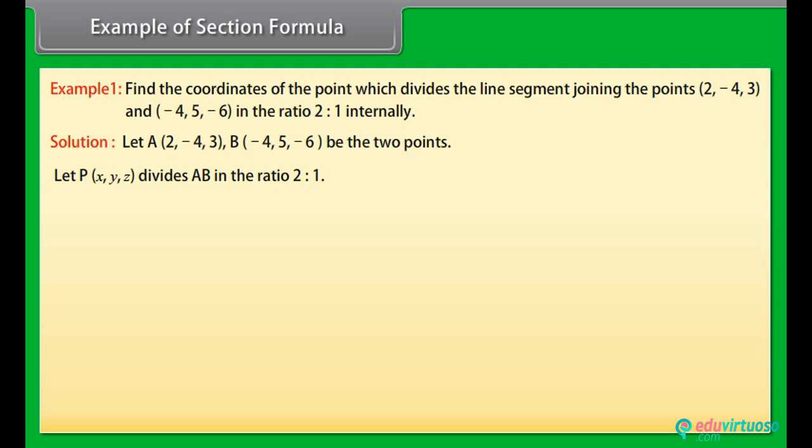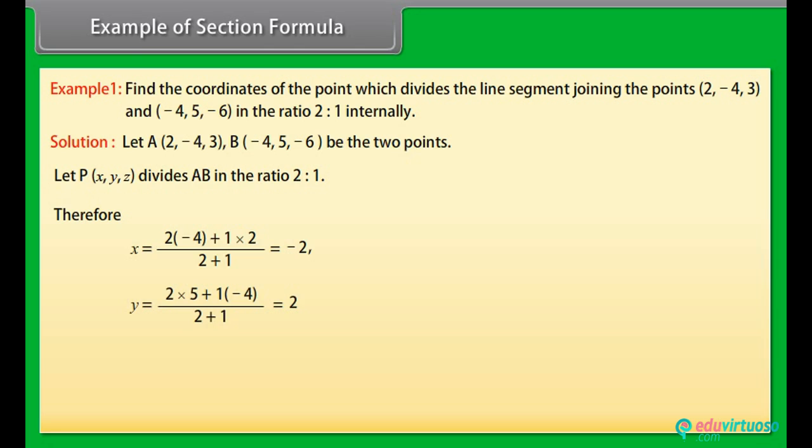Let P (x, y, z) divide AB in the ratio 2:1. Therefore, x is equal to (2 into -4 plus 1 into 2) divided by (2 plus 1), which is equal to -2.